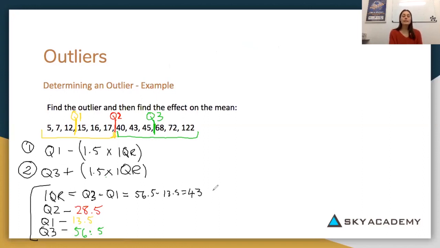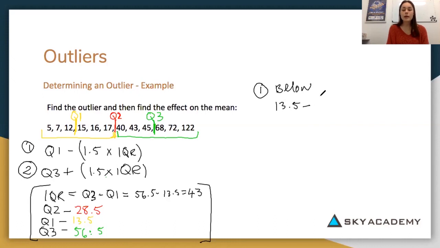Now we can sub these values that we just found into our first and second formula to figure out if our outlier is below the data set or above the data set. Let's do number 1 first to figure out if it is below. So we want to do Q1, which we know to be 13.5, minus 1.5 times our IQR, which is 43.